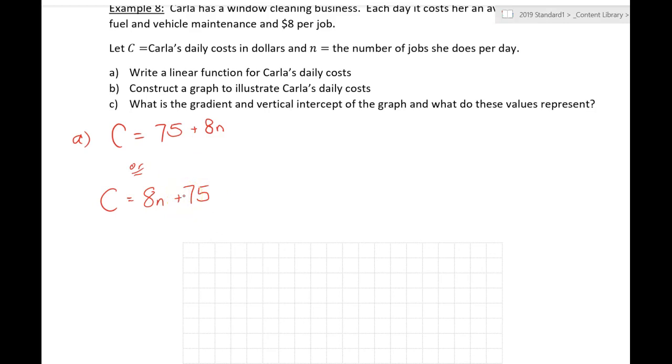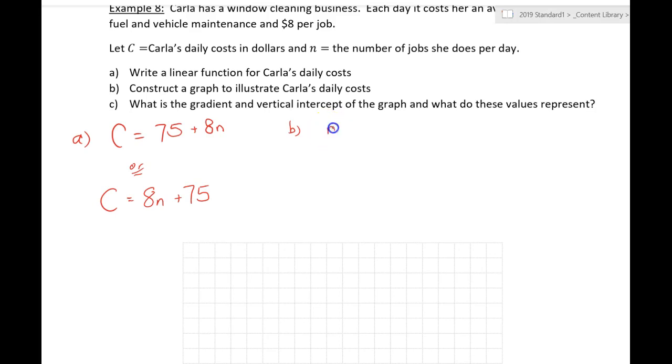Rightio. Now we're going to graph this. We need to draw up a table of values. If you get confused which one goes which, think of X and Y. It would normally be Y equals something, and when I draw up a table of values, which is going to be very helpful for part B here, it's normally X at the top and Y at the bottom.